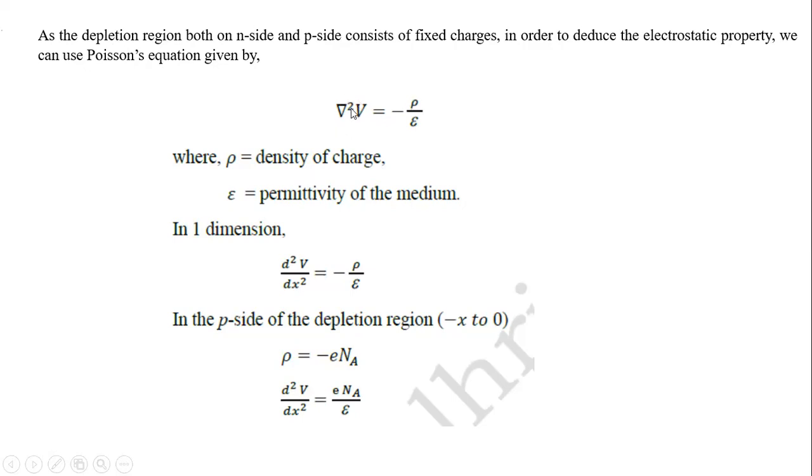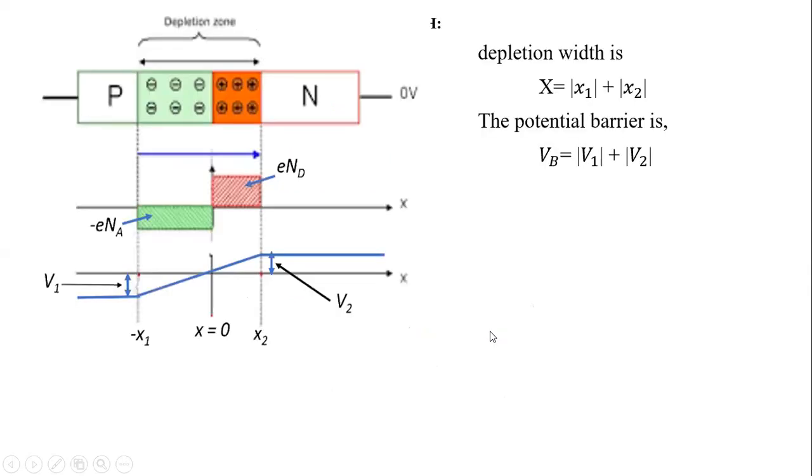So in a one dimensional problem, the Poisson's equation further reduces to d square V upon dx square. Instead of writing d square upon dx square plus d square upon dy square plus d square upon dz square for the 3 dimensions, in one dimension you can simplify it to this. So if you consider the p side of the depletion region, the p side of the depletion region is extending from minus of x1 to 0, as you can see here.